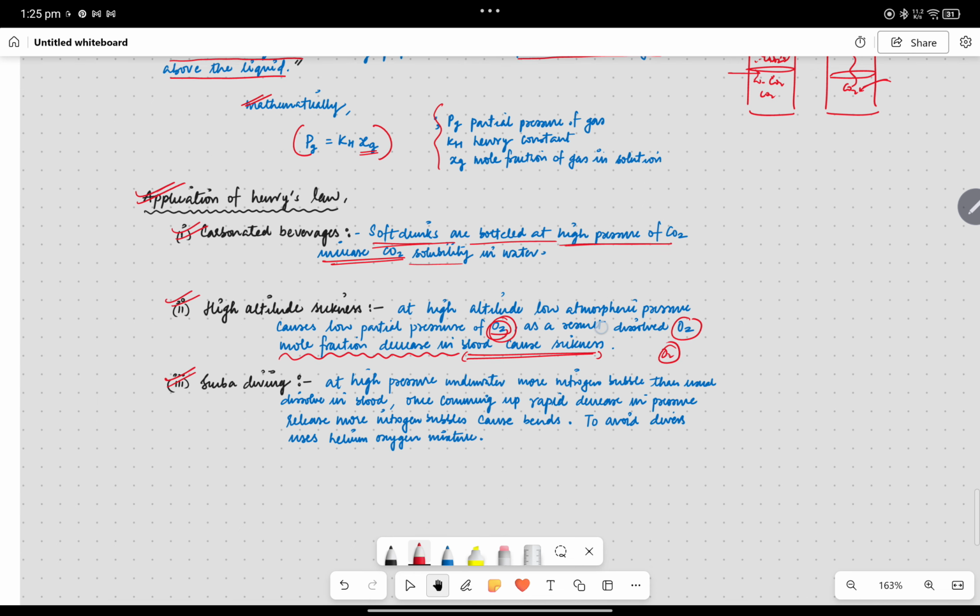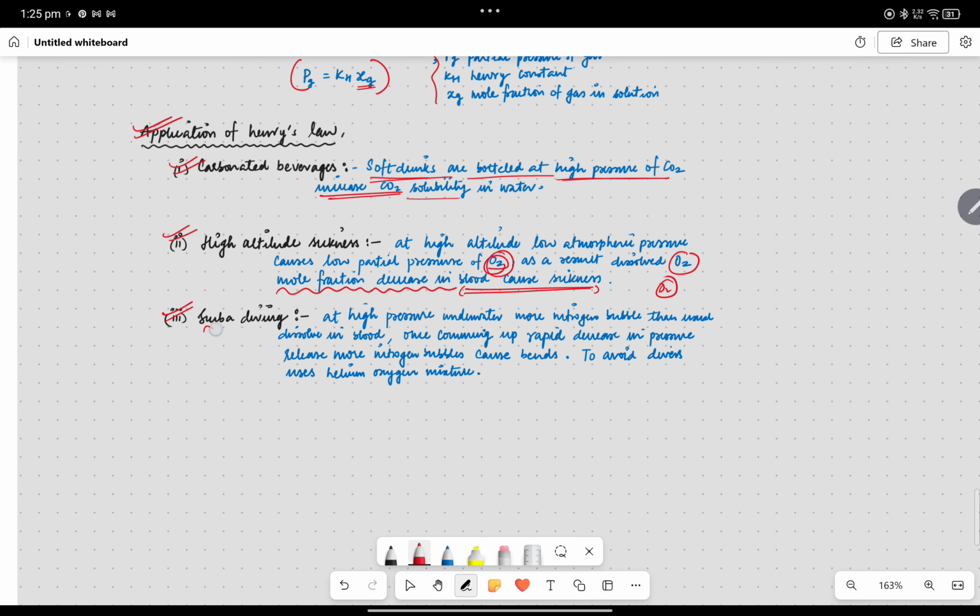And our blood contains less O2, and that causes sickness. The third thing is diving. The problem we get in scuba diving is called bends, or decompression syndrome. At high pressure underwater, more nitrogen than usual dissolves in our blood. At the surface of water, we have 1 atm pressure.